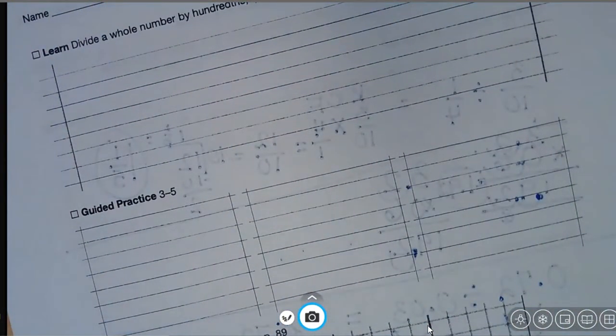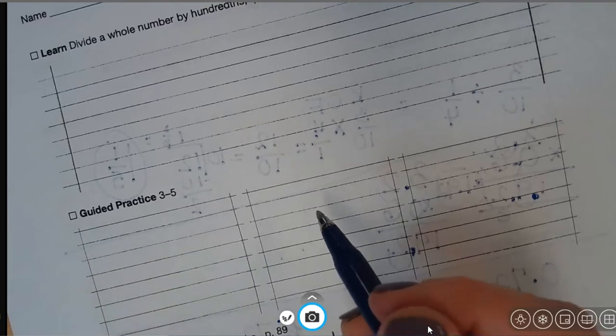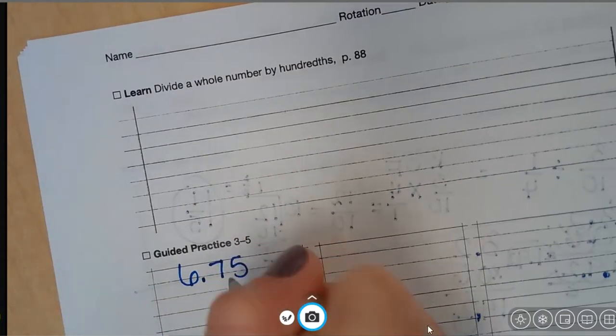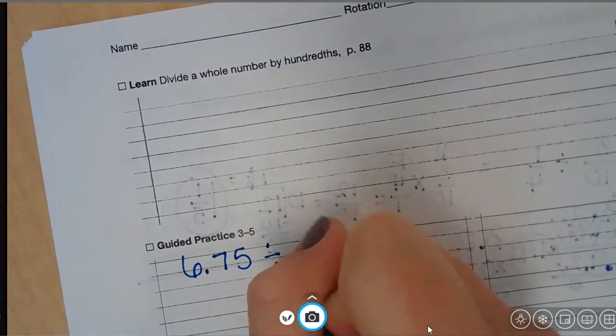Okay, we're going to try another problem where they don't have the same number of decimal points. So let's do 6.75 divided by 0.3.